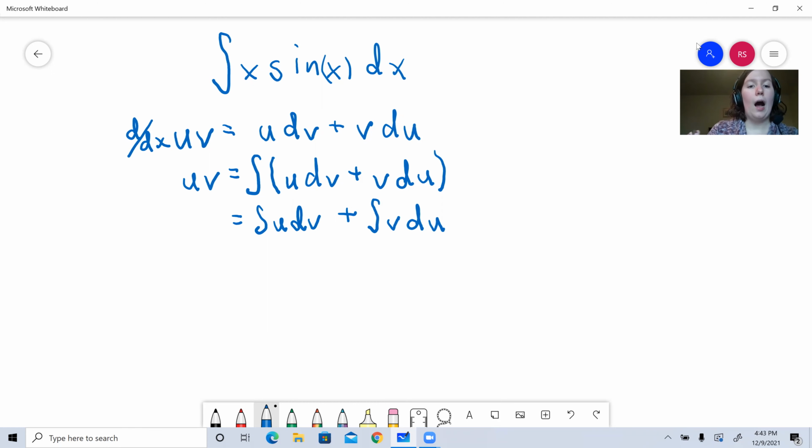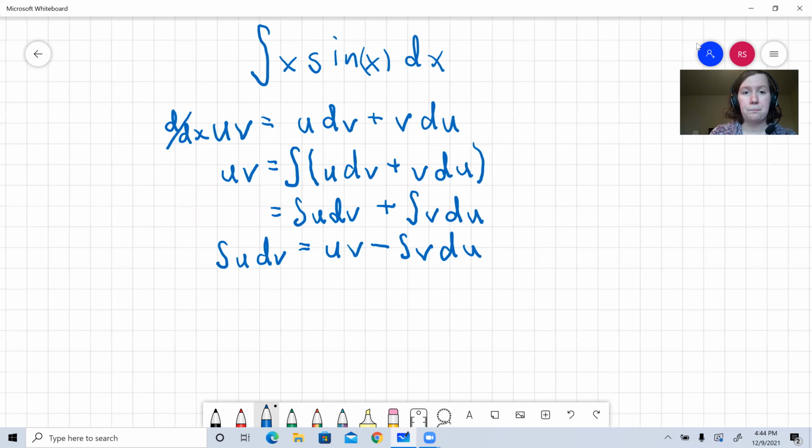So that tells us if we have a function of the form integral of u dv for some u and v, it's going to be equal to uv minus the integral of v du. So let's see if we can get our function into this form and what our u and v would be.